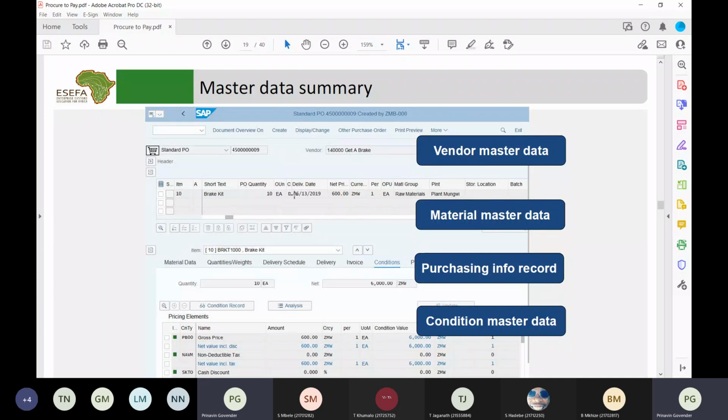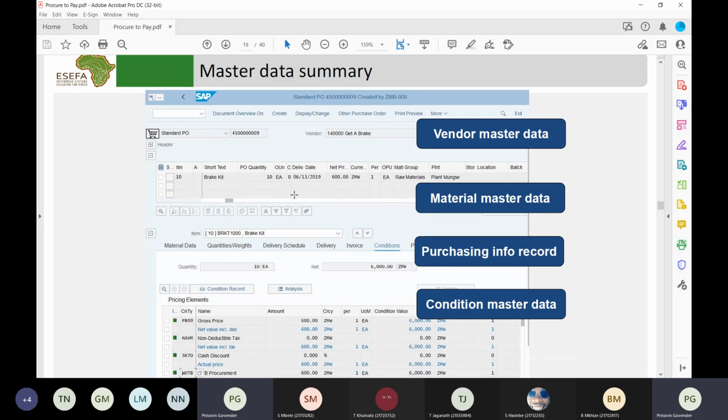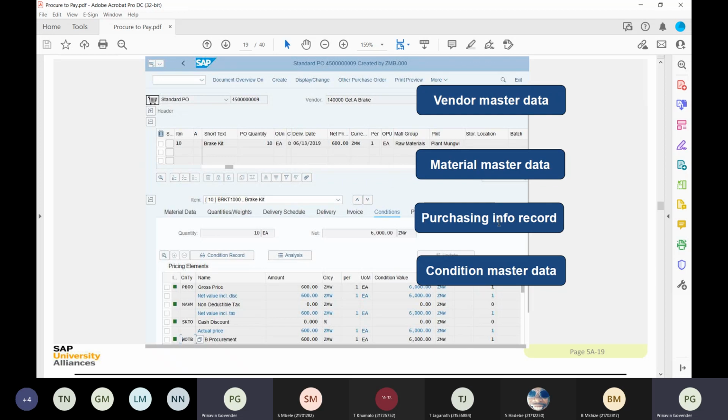You would have logged into the S/4HANA Fiori Launchpad, gone into the master data, and looked for the vendor Get a Break with the code and the standard purchasing order. There's the master vendor data, there's the material master data, here's the purchasing info, and here are my conditions.